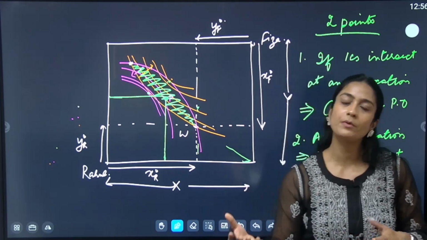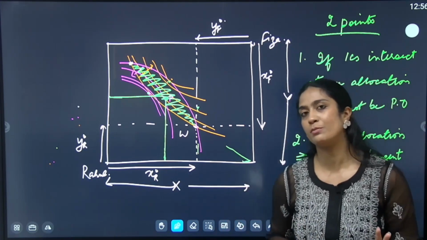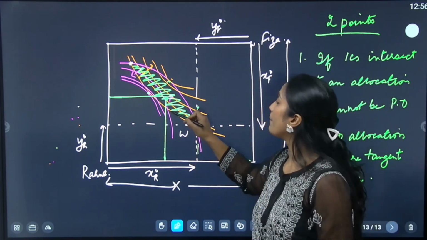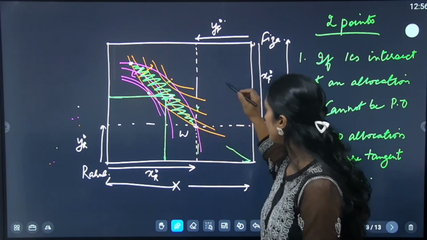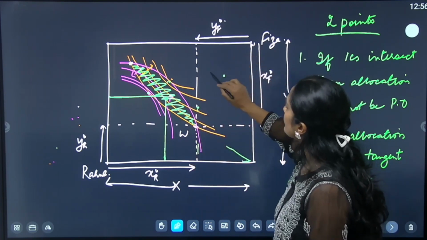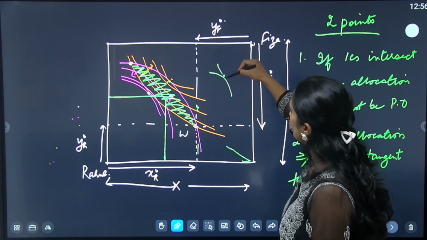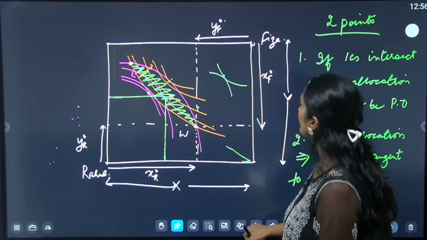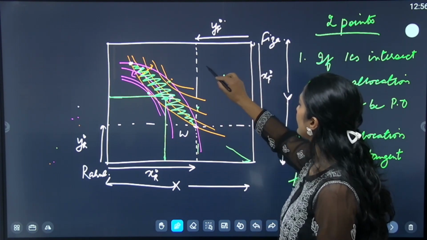If it is a Pareto optimal point, it will be a tangency point between the ICs. And I hope this point is clear, because unless the ICs are tangent, suppose this is a point, any other point, it can either be the case that the ICs are like this over here, or it could be the case that the ICs are like this.